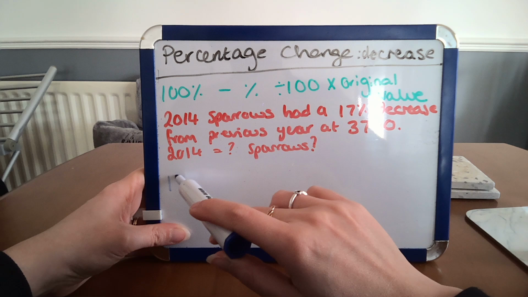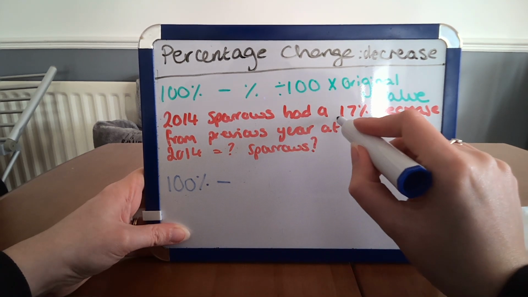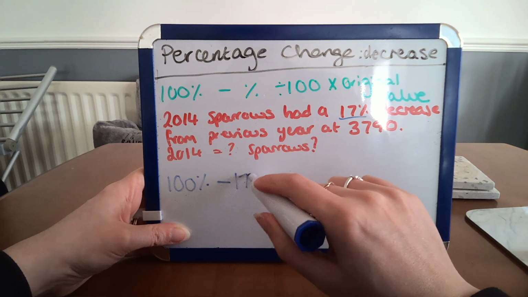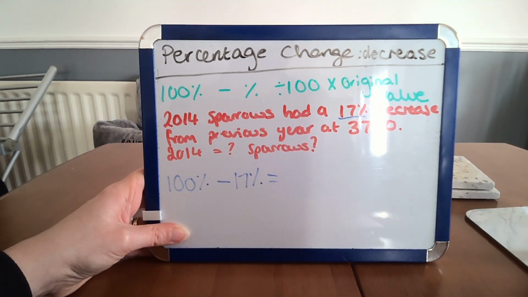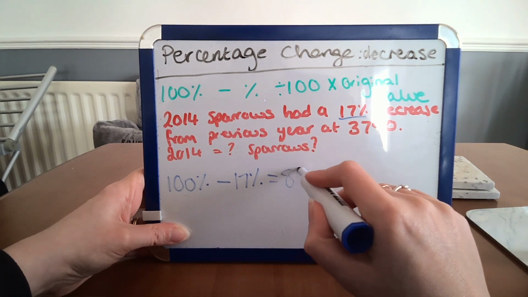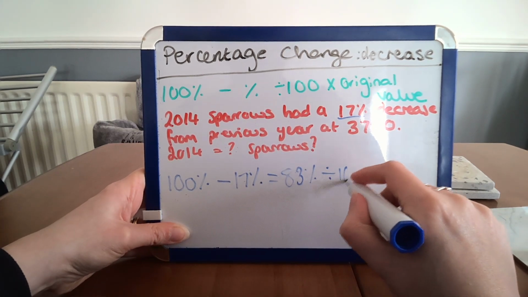So this time we take our 100%, we take away the percentage, which in this case is 17, equals 83%. We then divide that by 100.